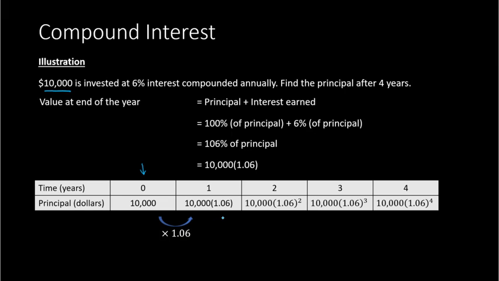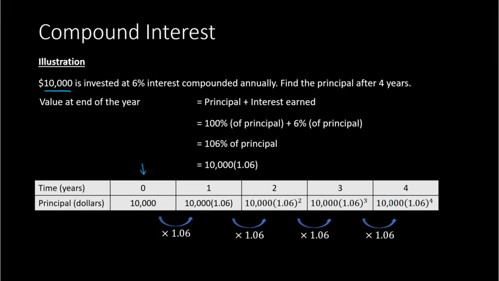And each year, you're going to have to multiply by 1.06. So we take this new principal, whatever this number is, we're not calculating at the moment, but whatever this is, we'd have to multiply again by 1.06 to get the new principal for year 2. Multiply by 1.06 again the third year and the fourth year to figure out our total at the end of 4 years.